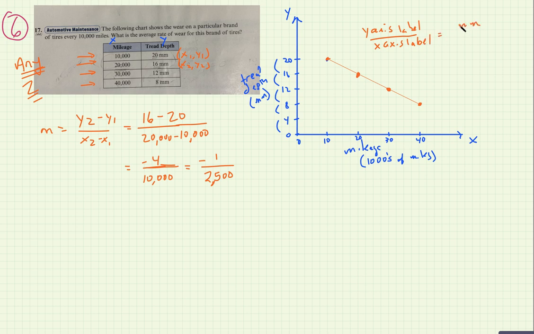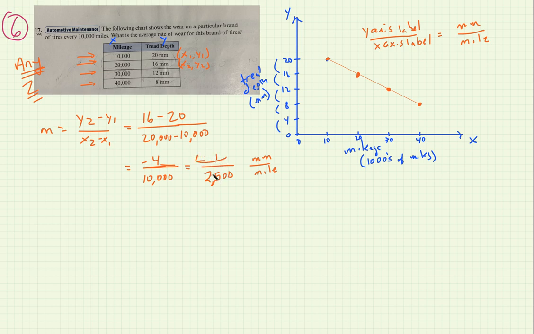So in this case, it's millimeters per mile. That would be if this was 10,000, 20,000, 30,000, and 40,000. So the units are millimeters per mile.